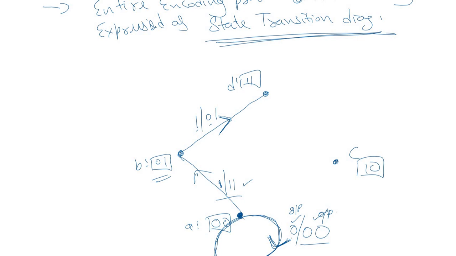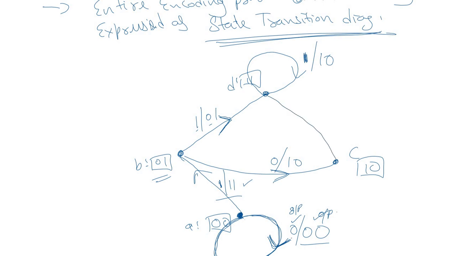Similarly, when we get 0 as the input data and we are at state B, we move on to state C, and the output will be 1, 0. Similarly, when we are at state D and the input is 1, we will be at the same state, and the output will be 1, 0. When the input is 0, it transitions to state C, and the output is 0, 1.